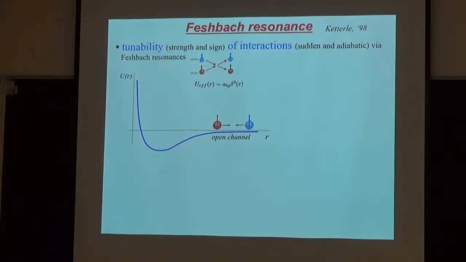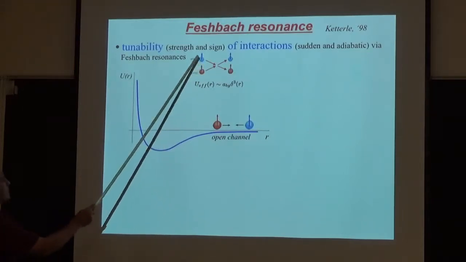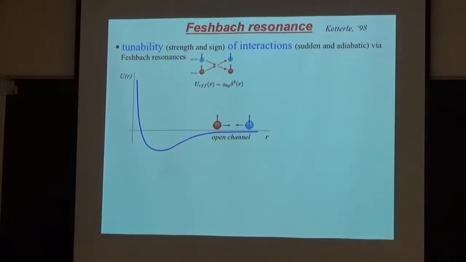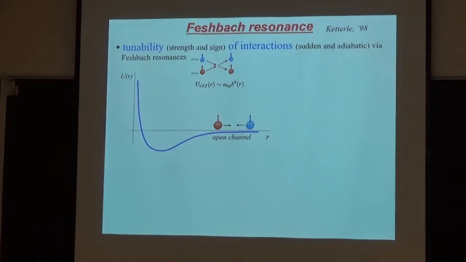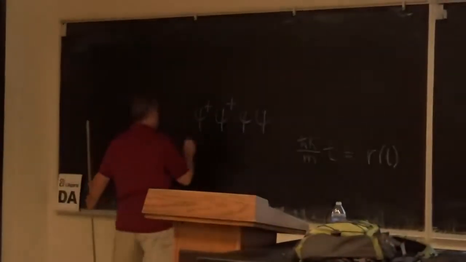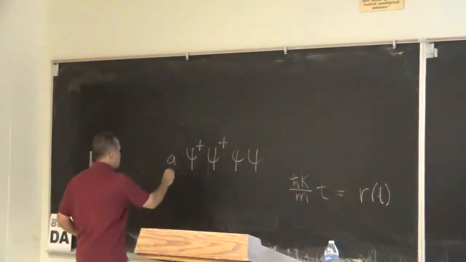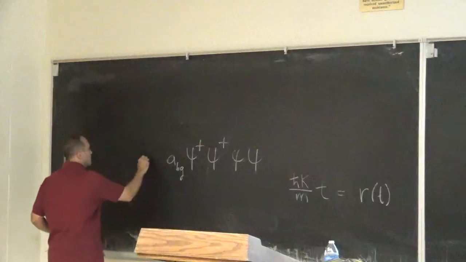Typically we would describe it by some 4-boson, or 2-boson, term. I always have a problem with this language, but we describe it by some psi dagger, psi dagger, psi, psi, with some scattering length in front. Okay, that's the background scattering length, and that's the interaction.